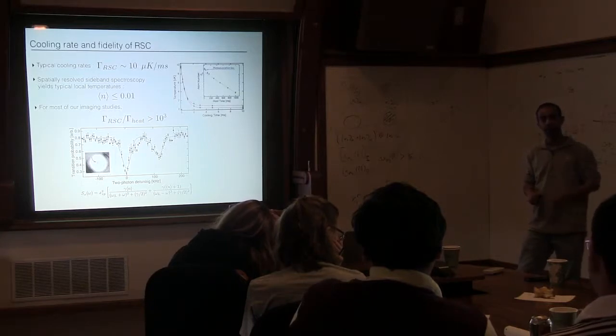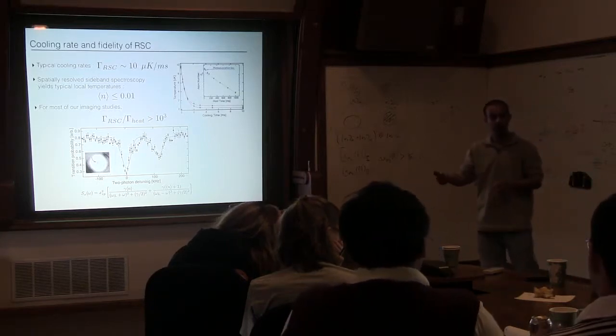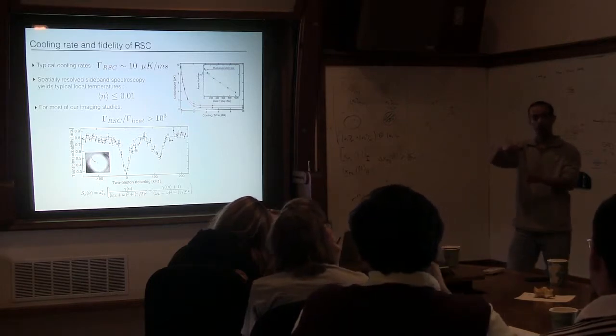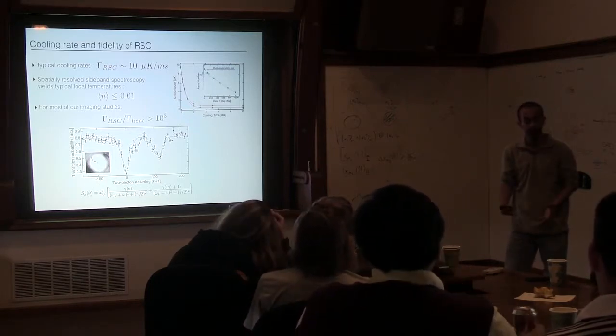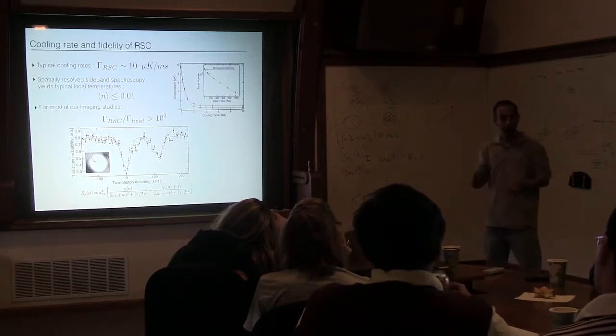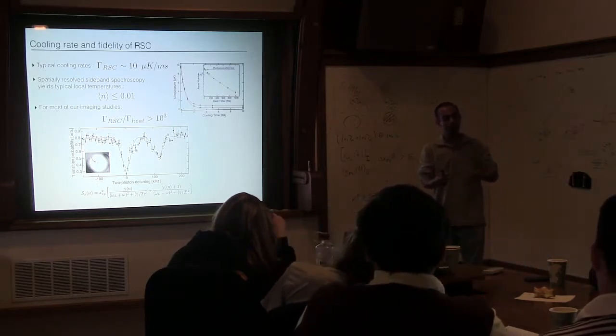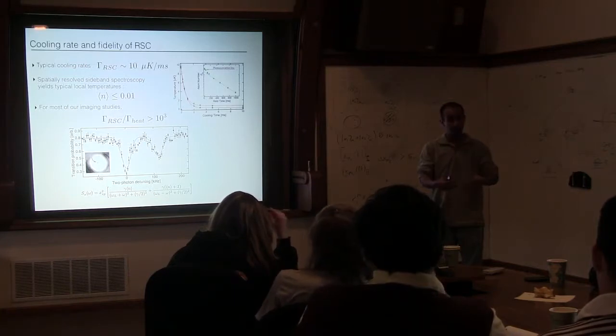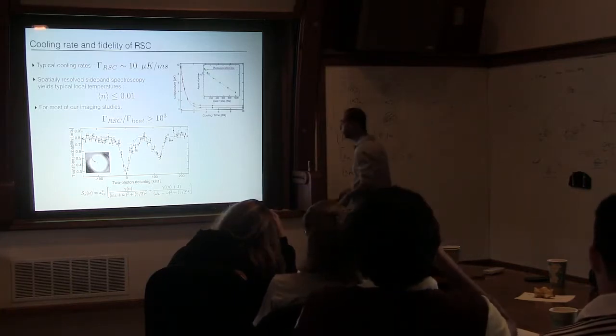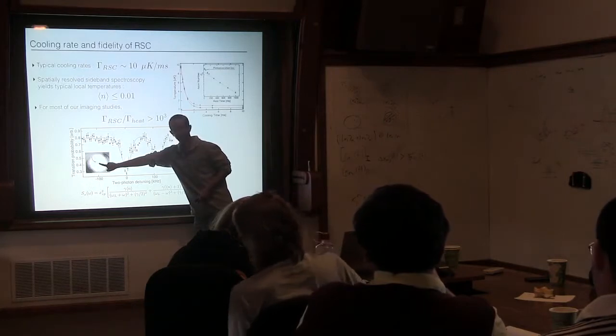And then at the end of the day, you don't actually do photo detection. What you actually do is you scan the probe with respect to the pump, and then you count how many atoms are left. Okay? If you're on resonance, and you shine a very, very strong pump and probe beam, such that you have many more photons than atoms, then if you look very closely here, there's a very small divot in the lattice gas.